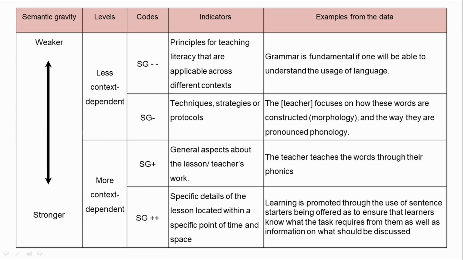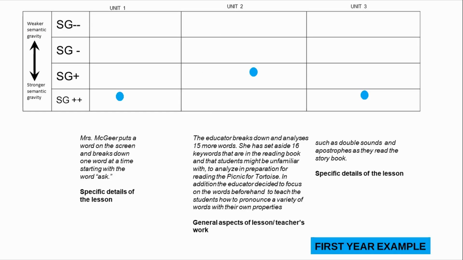So let's have a look and see. I'm going to show you the semantic range of a first year lesson observation report, so how they move between the specific happenings in the lesson to more generalized principles of practice.